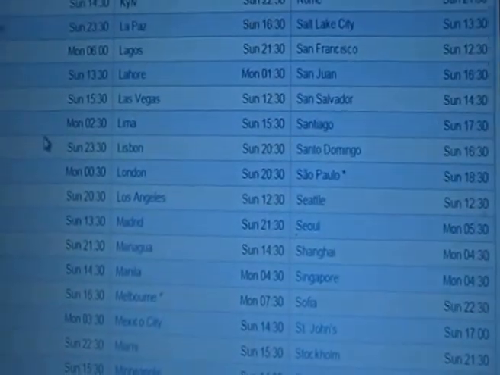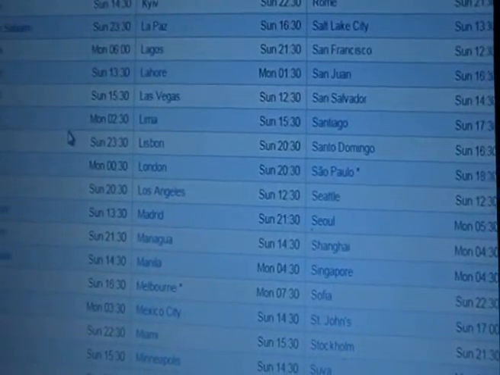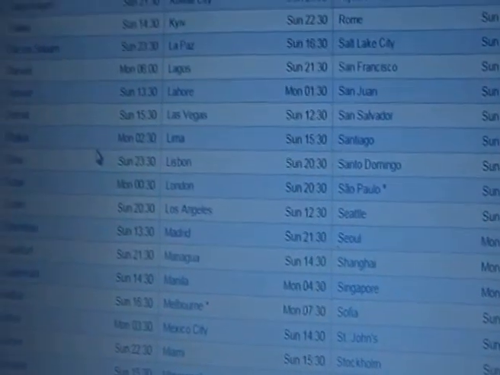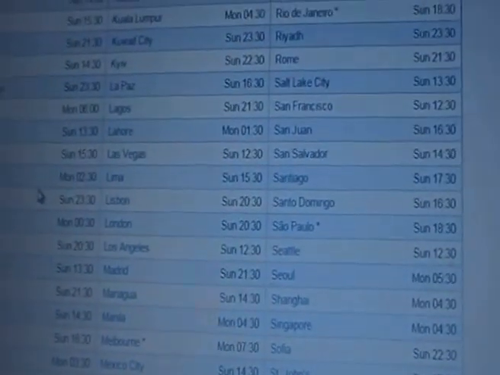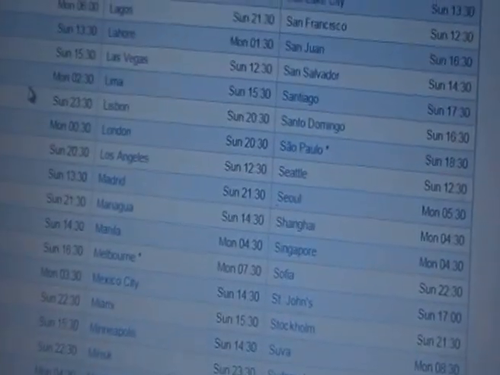Back to the clock, and as you can see, India, Dhaka, is in the right position. Now what's the time in Dhaka at the moment? 2:30. 2:30 Dhaka? No, that's the wrong Dhaka.